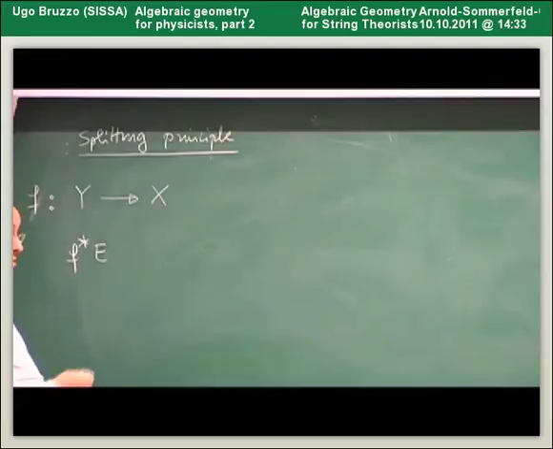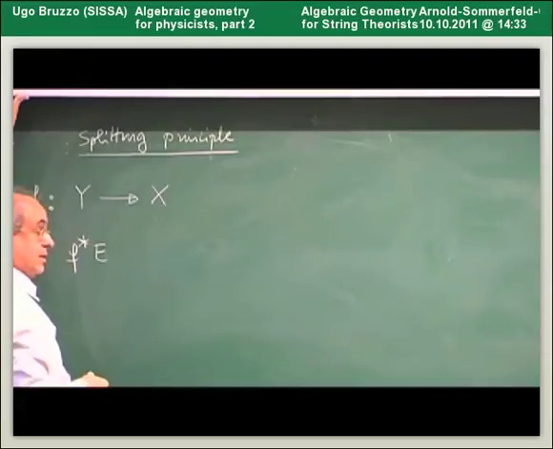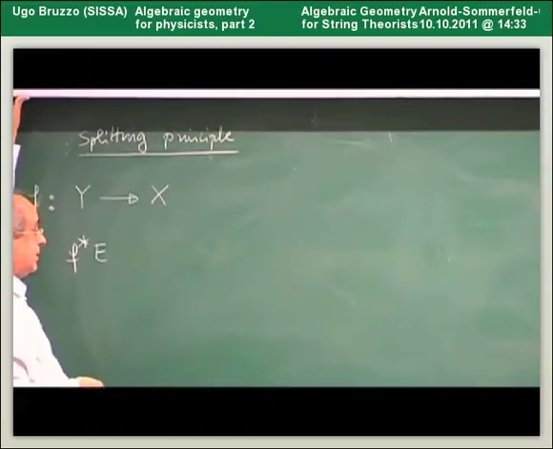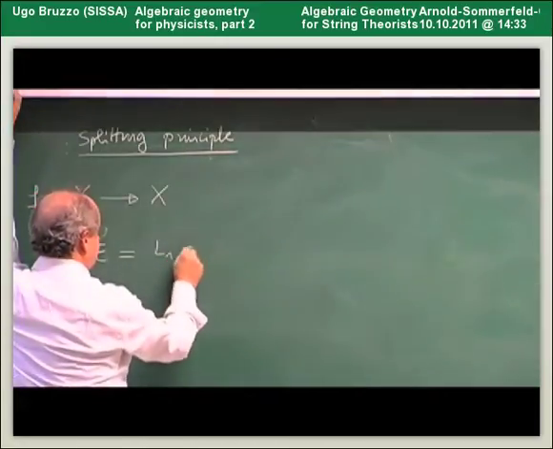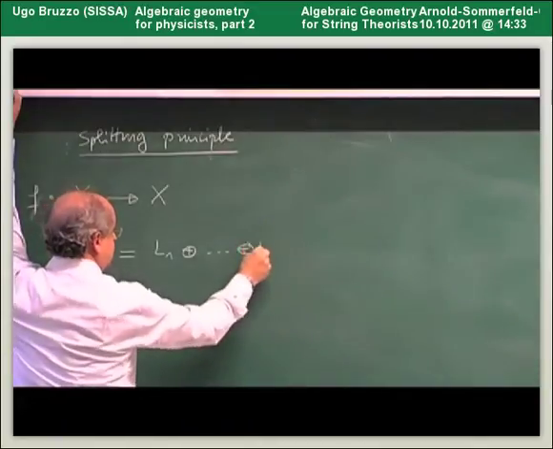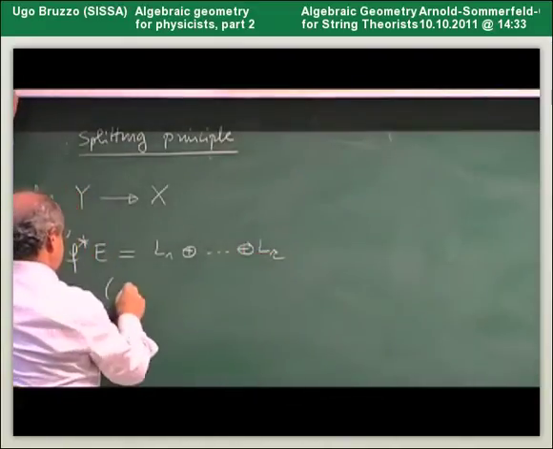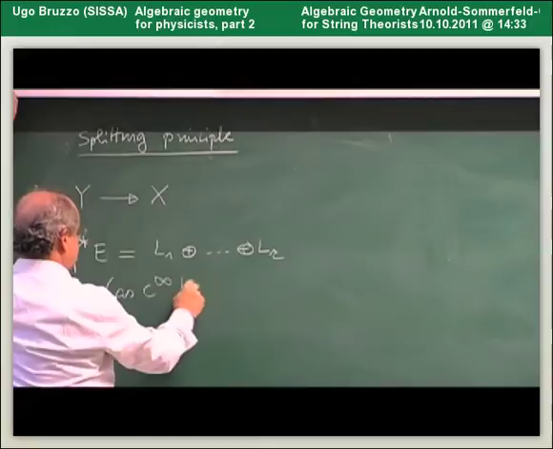So if I forget about the holomorphic structure, this will be a direct sum of line bundles as C infinity bundles.